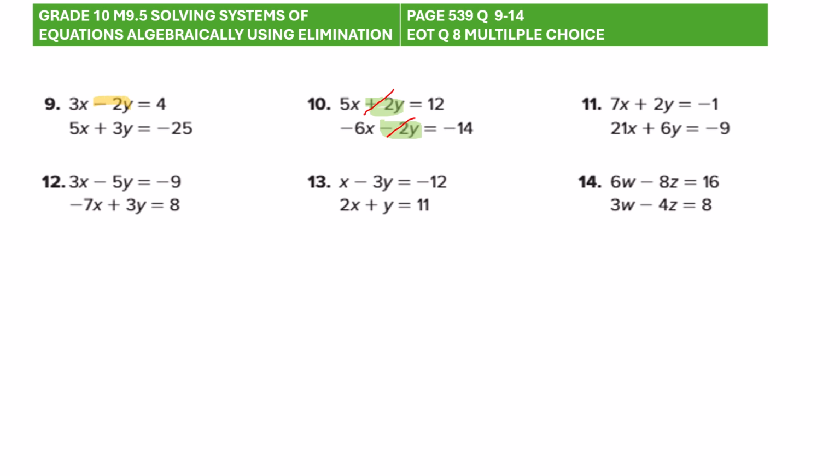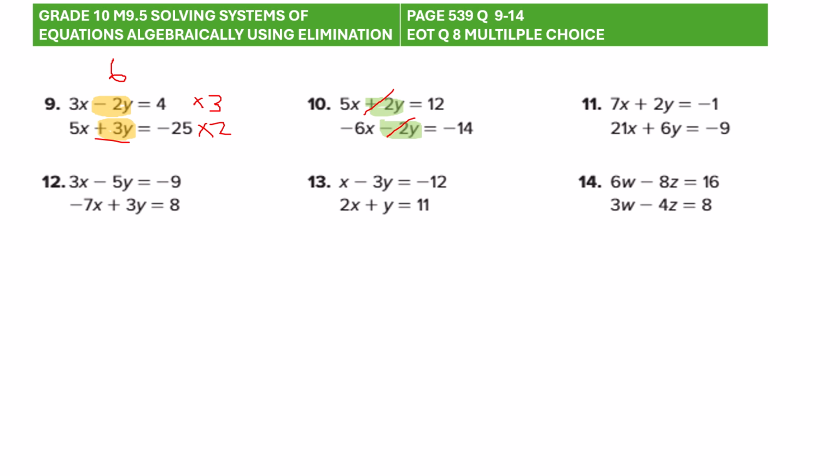If you've got negative 2y and plus 3y, you know that your LCM here is 6. So you will multiply one equation by 3 and one equation by 2, and it would give you 6. So your y would eliminate here.